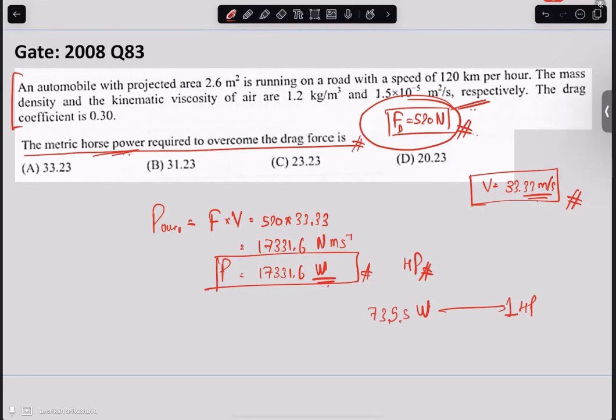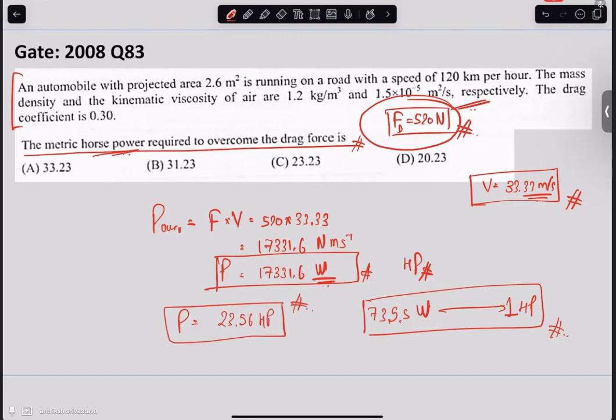Sorry, 1 horsepower is 735.5 watt. So if you want to get this power in terms of horsepower, we just divide it, and the answer is going to be 23.56 horsepower.